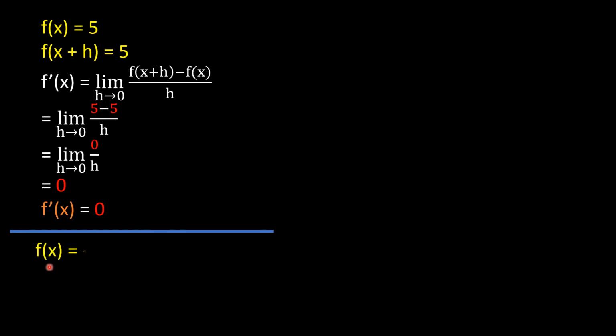Next, find the derivative of f of x equals under root x. F of x plus h will become, after replacing x by x plus h, under root x plus h.